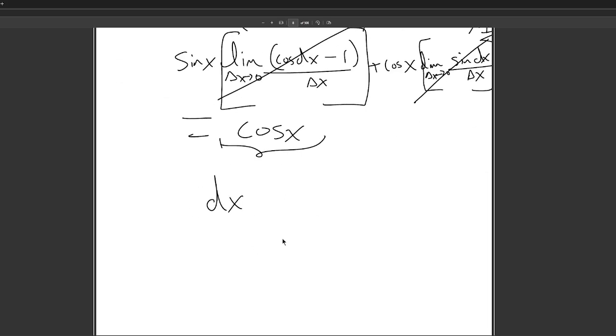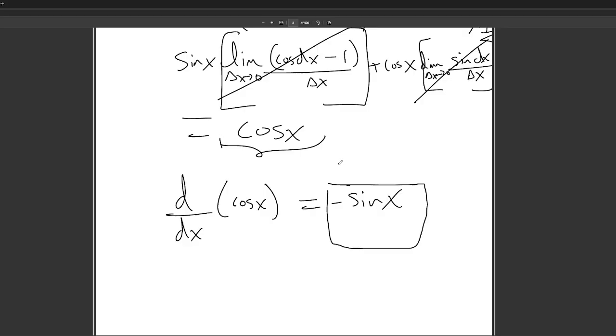Okay, so you go through a similar process, but now for cosine x, and you see that the derivative of cosine x is just negative sine of x. And again, you could differentiate this using the same method or looking at the graph.